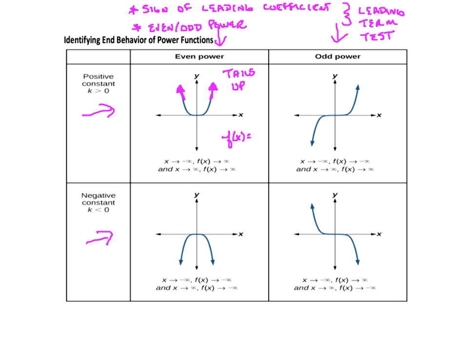So f of x equals x squared. It's a big U opening up. I believe this is probably an x to the 4th that we're looking at here because of how wide it is. But x squared is a nice example that we can keep in our head of a positive even term there. And then we also have an even-powered negative term. And that has both tail ends pointing downward, so tails down.